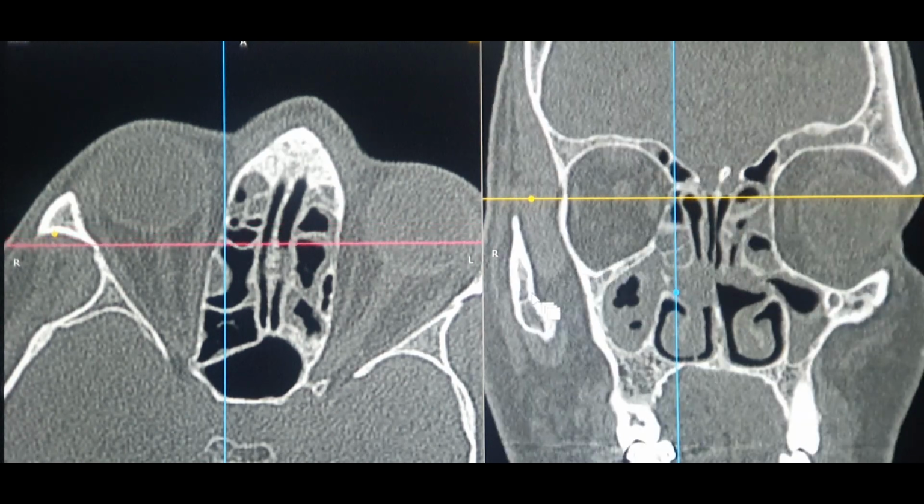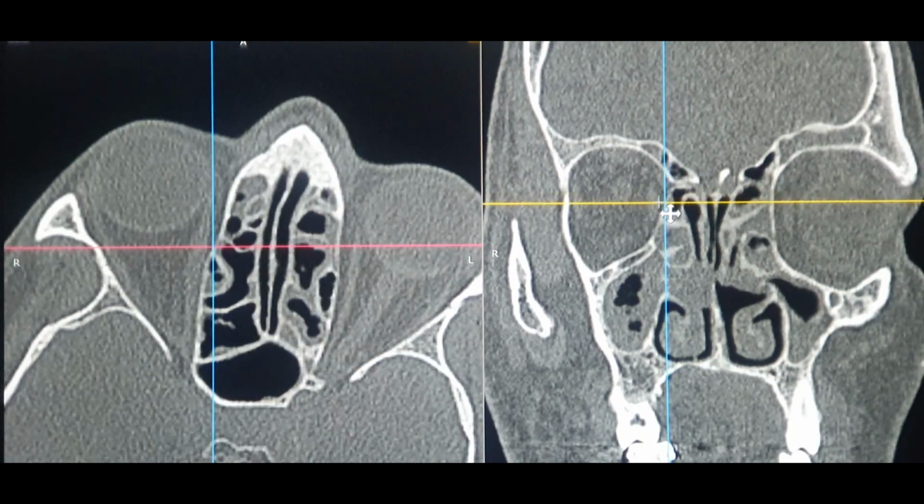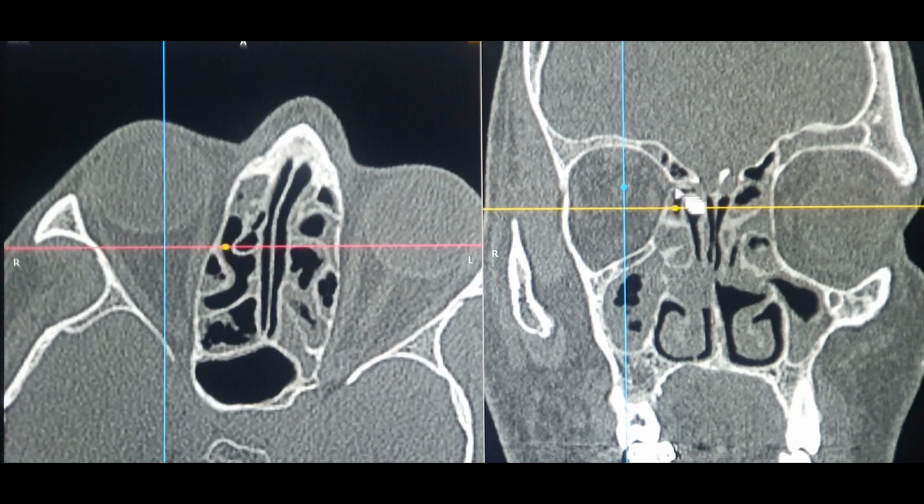I still keep on going behind up to the level where I can actually see the anterior ethmoidal artery. Now, as I have spoken in my last lecture about how to find the anterior ethmoidal artery, this is the oblique skull base which you can see in the anterior ethmoids.